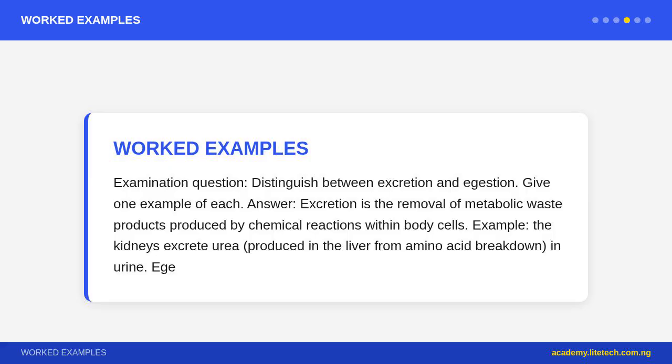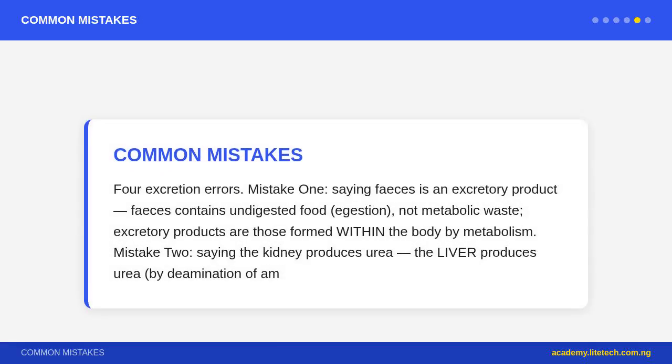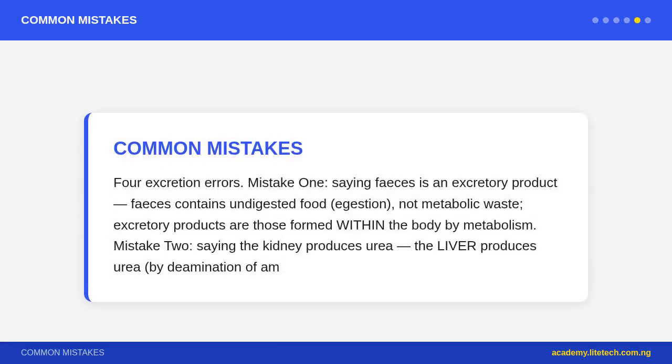Examination question: distinguish between excretion and ingestion. Give one example of each. Answer: excretion is the removal of metabolic waste products produced by chemical reactions within body cells. Example: the kidneys excrete urea, produced in the liver from amino acid breakdown, in urine.